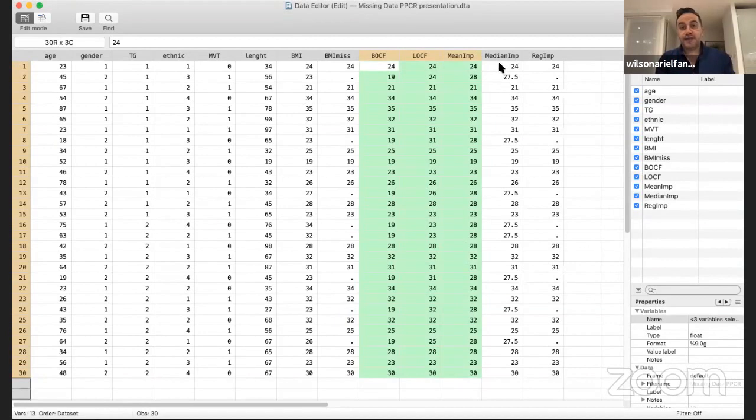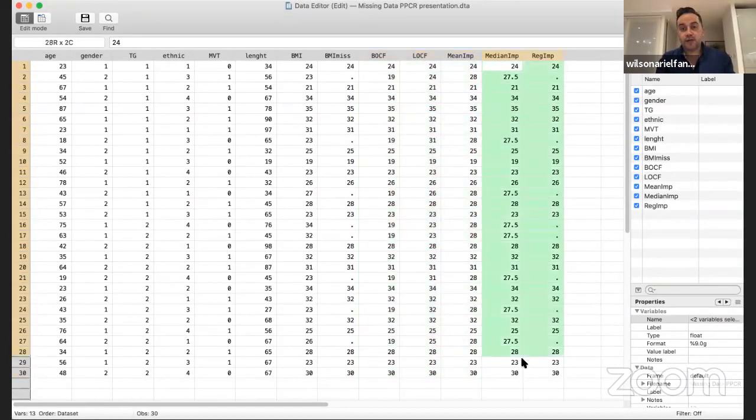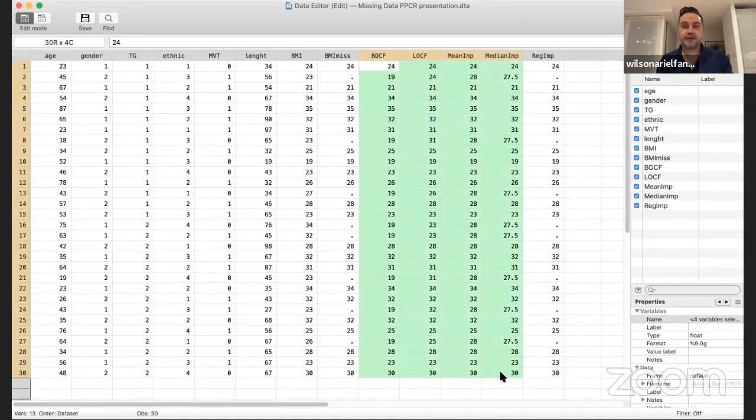And then same for the median imputation, when you are missing data with non-normal distribution. But again, I think you got the concept, because these 4 concepts are very easy to understand: the baseline observation, the last observation, and mean and median imputation.